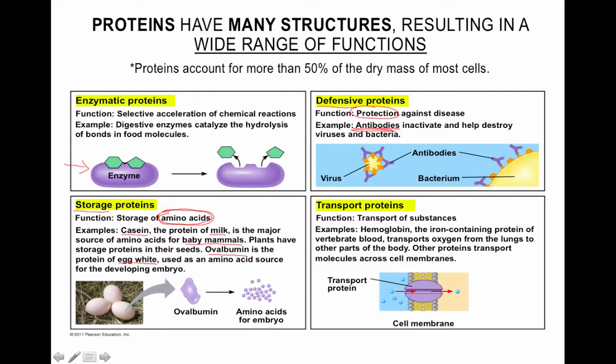Antibodies are very important protective proteins. Antibodies can inactivate or help destroy microbes. In the picture on the left, we're looking at a virus. Viruses have spikes on their exterior that they use to dock on host cells to initiate an infection.